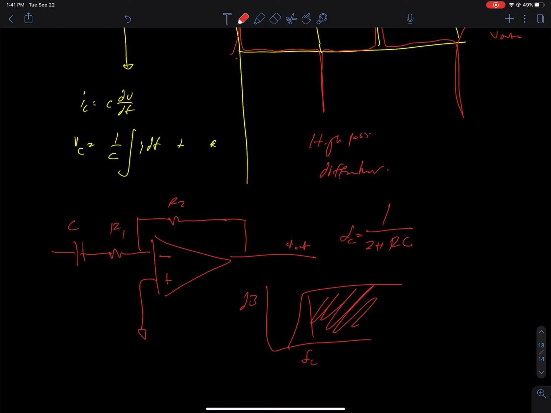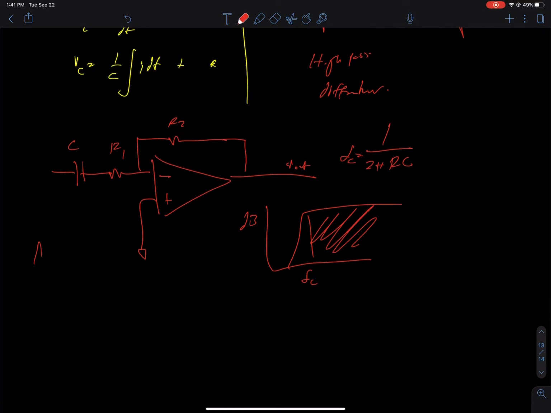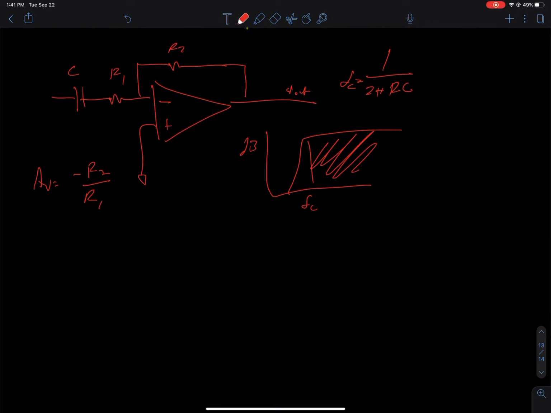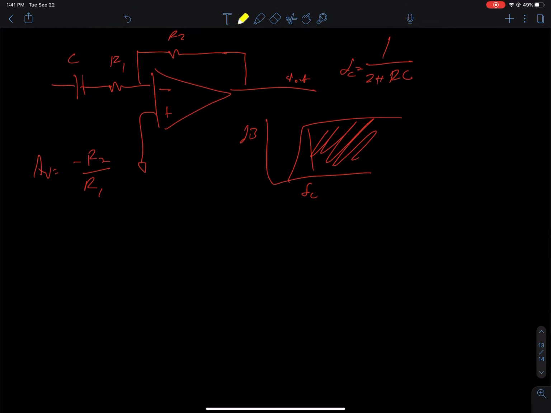In this situation, this being an inverting op amp, your AV is R2 over R1, so your output can definitely be amplified.